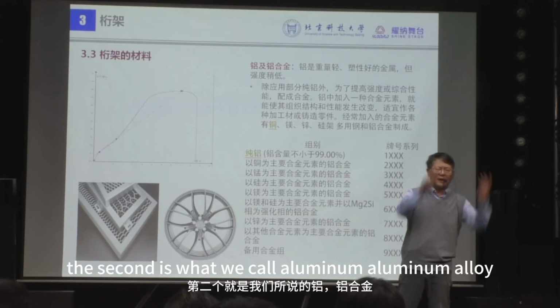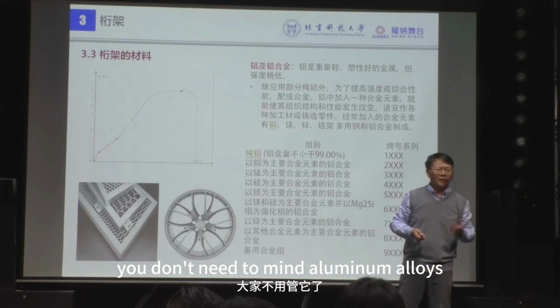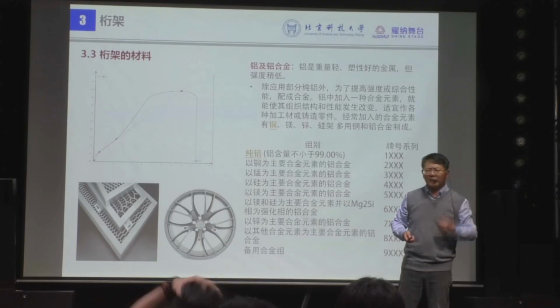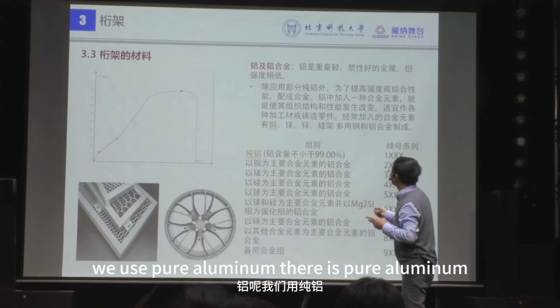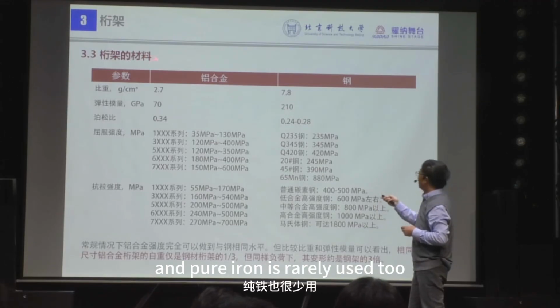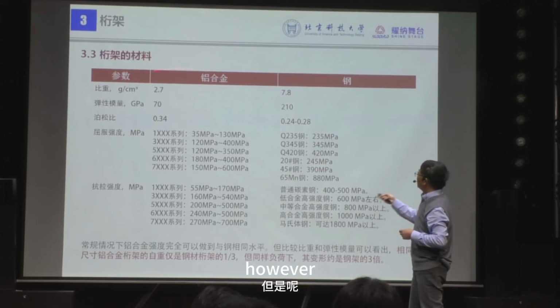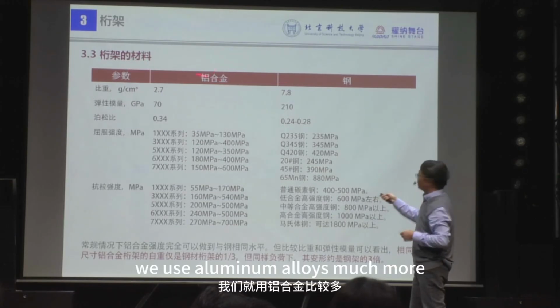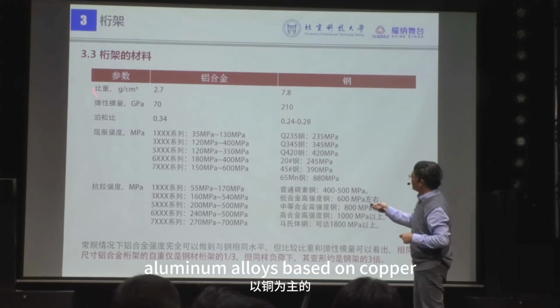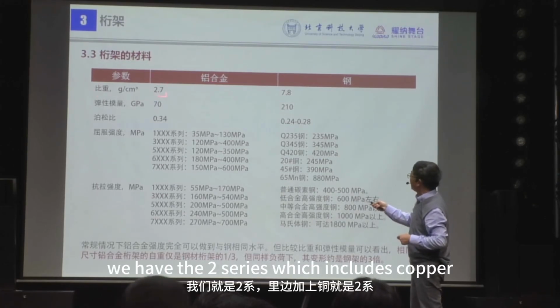The second is what we call aluminum alloy. You don't need to mind aluminum alloys. You don't have to overthink it. I can tell you about aluminum. There is pure aluminum, but pure aluminum is rarely used because it's too soft, and pure iron is rarely used too. However, we use aluminum alloys much more. There are several types of aluminum alloys. Aluminum alloys based on copper are the 2000 series.